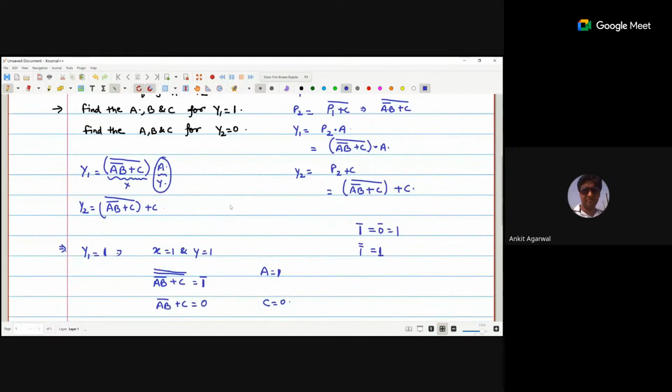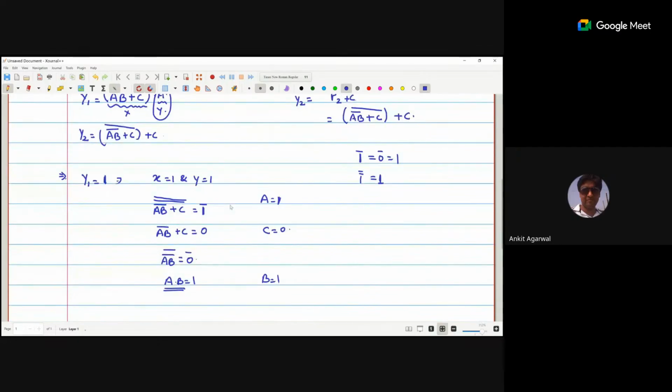Now find the ABC for Y2 is equal to 0. So this is my Y2, that is equal to (AB bar plus C) whole bar plus C. Now that is 0, that means if I say this is the X and this one is the Y, if both the inputs are 0, then the output is 0. That means this term should be 0.